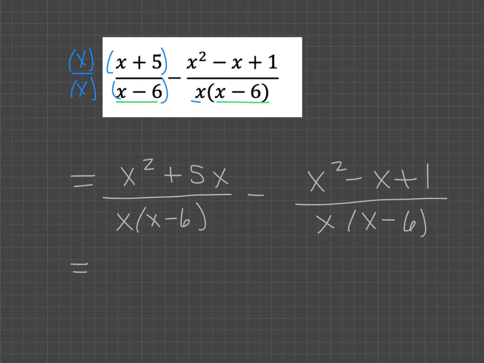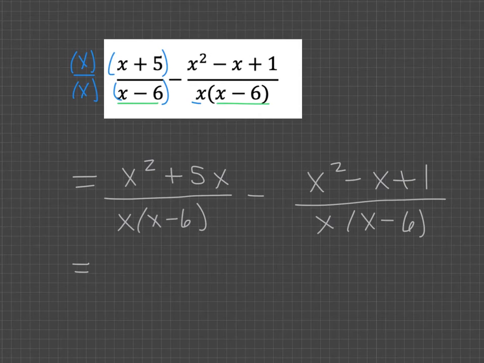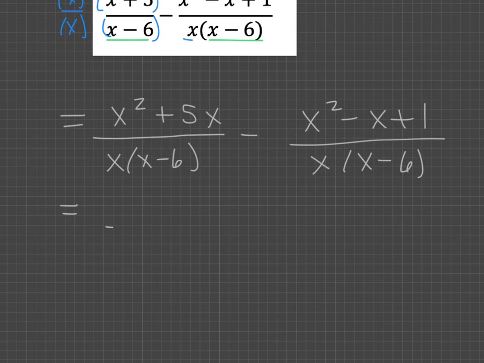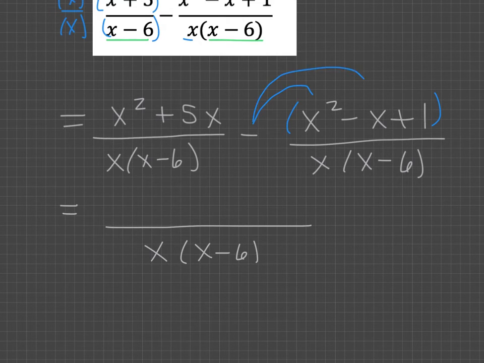Okay, we combine the numerators. This time we're going to combine with subtraction. We want to remember that subtraction is going to apply to all three of those terms. So we're distributing this negative to the x squared, to the negative x, and to the 1.